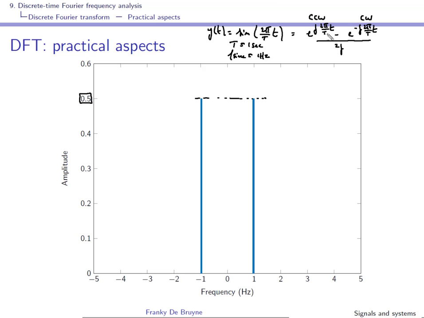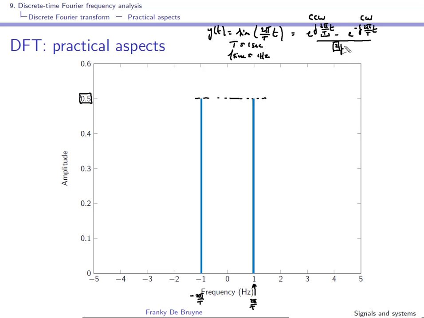So 2 pi over T is the frequency that you see over here, and this one is turning clockwise. We have the minus sign, so this frequency corresponds to minus 2 pi over T, and we have a factor 1 over 2.